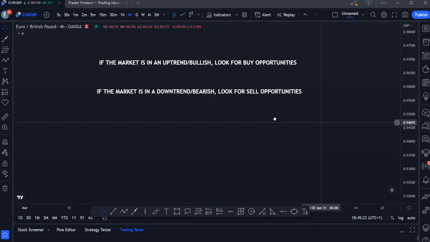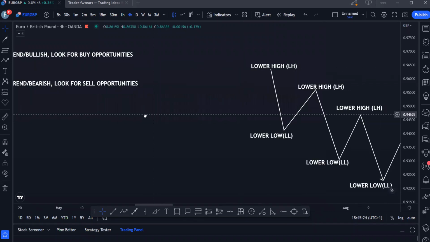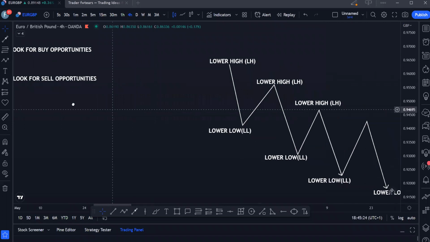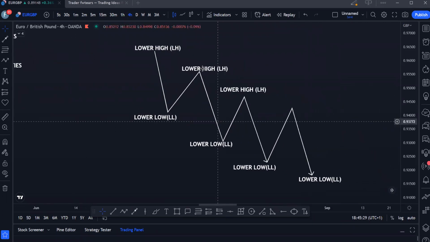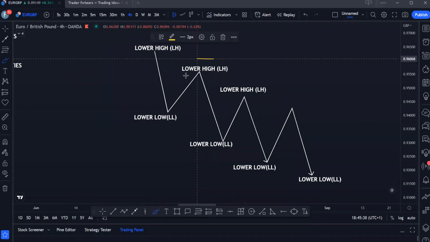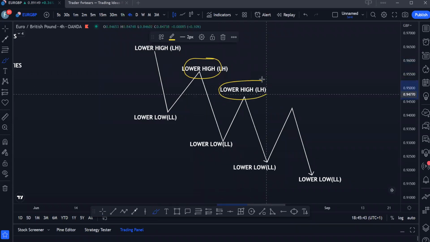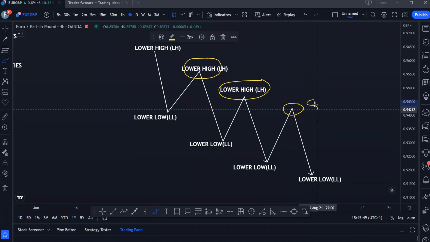We want to go back to our understanding of the genetic makeup of trends. In a downtrend, the place where you want to be looking for sell opportunity is at the lower high. So you sell at lower high.